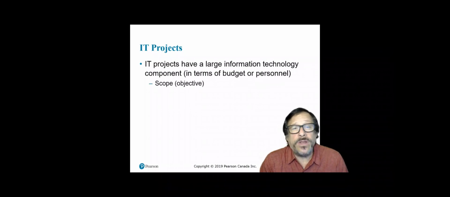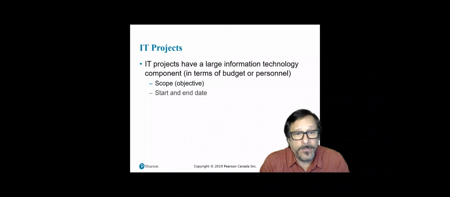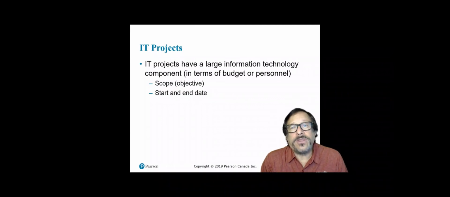Looking at this then, what is the scope of this new software that you're putting in? This new information system, how many people is it going to affect? What's the objective of this? Why are we purchasing this? What is the end goal we expect from this? What is the start and end date? And again, this is actually a lot harder than it sounds. A lot of companies have a difficult time even creating a start date, because what they'll do is they'll first go through committee, they're going to go through requirements phases, they're going to have other people's input.